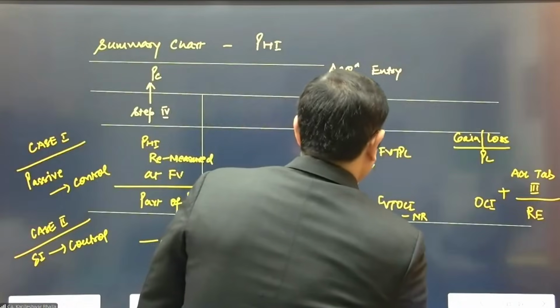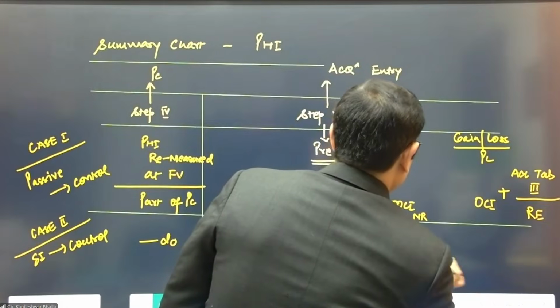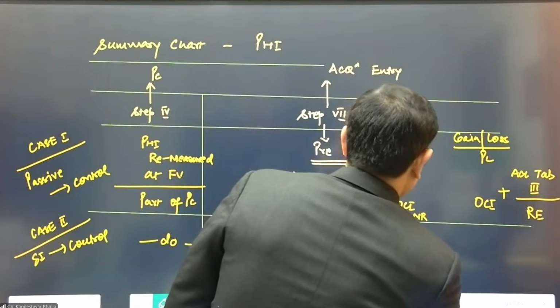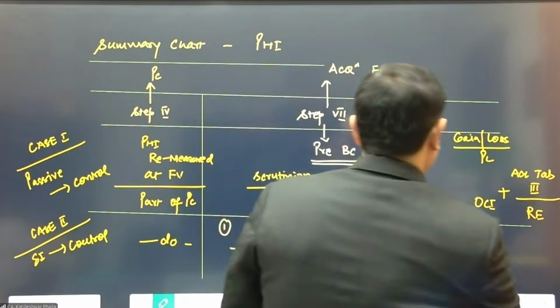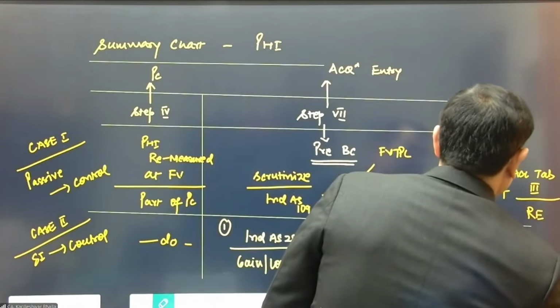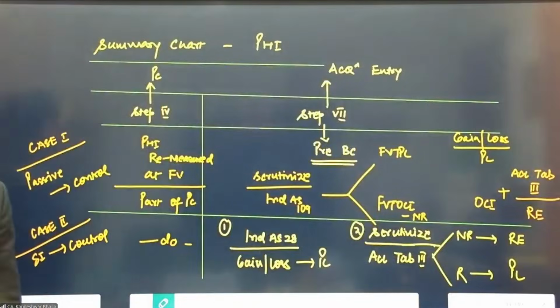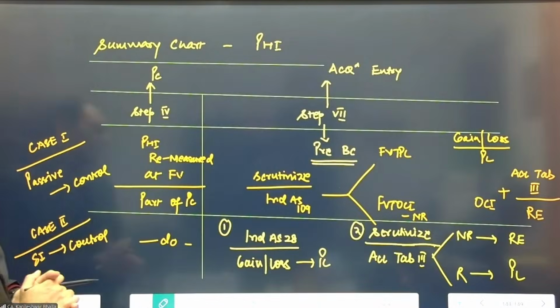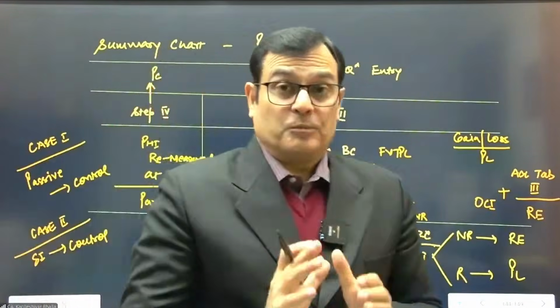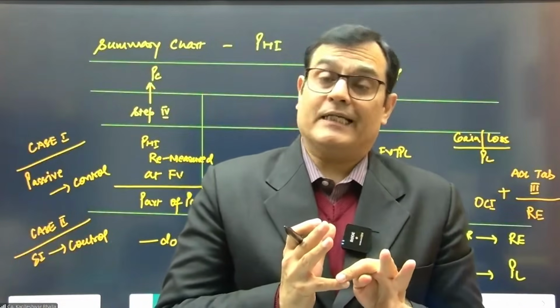The second is we scrutinize the accumulated balance in tab 3 to see whether it is NR or R. If it is NR, it goes in RE. If it is R, it goes in the P&L. Wow. So that gives me a wonderful chart summarizing the positions in terms of the previously held interest as well. Now you should be crystal clear in terms of DC, step 4, as well as step number 7.